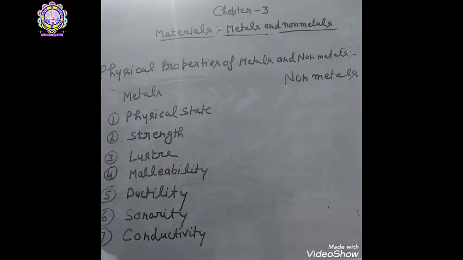Metals and non-metals can be identified on the basis of their appearance and other physical properties like hardness, luster, malleability, ductility, sonority, conductivity, and so on.